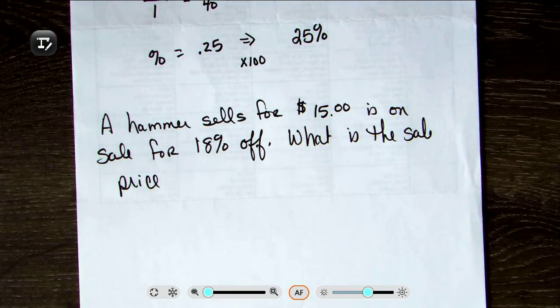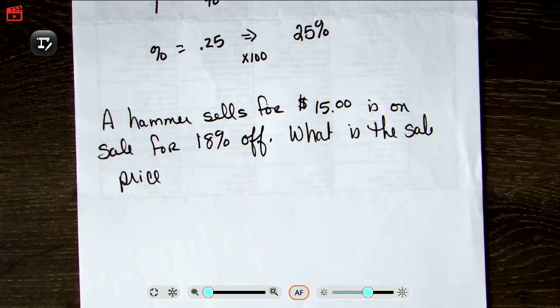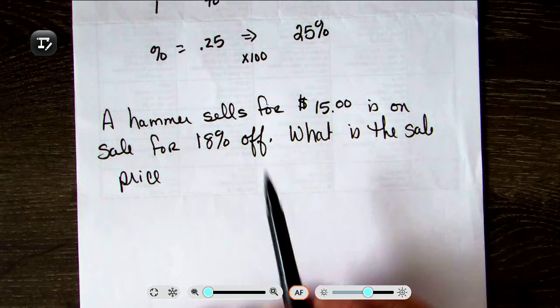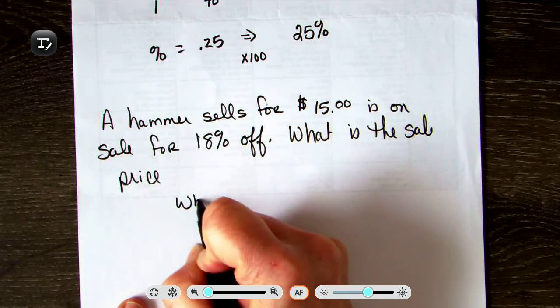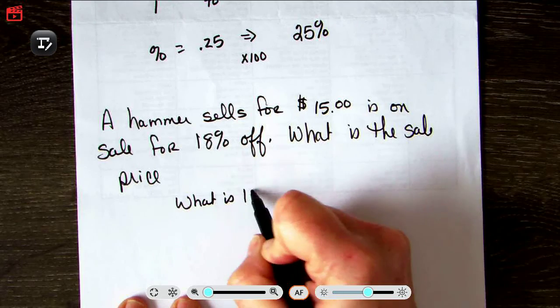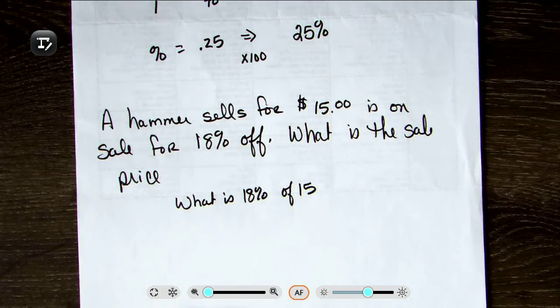Okay, so in other words, we want to take this $15, which is where we're starting, which is our whole, and we want to calculate, first of all, how much are we going to take off? So we are going to take off 18% of it. Notice how I automatically say that word "of." So that means that this is my base, that "of" the 15. So we need to know, first of all, what is 18% of 15.